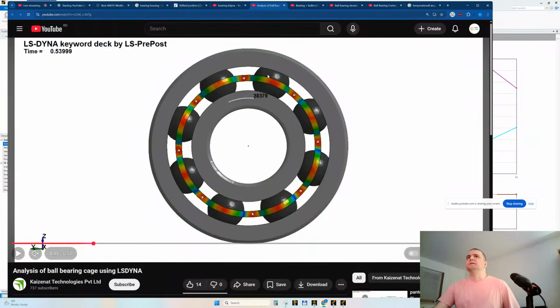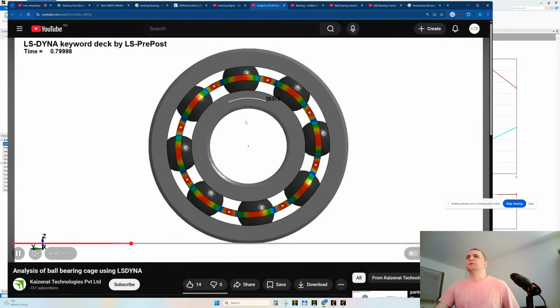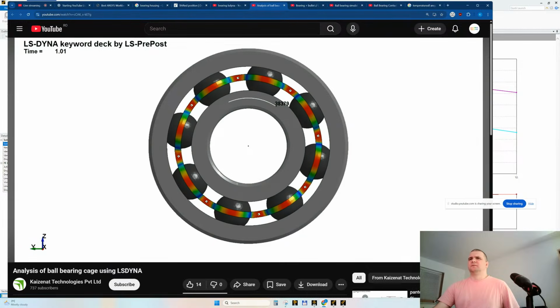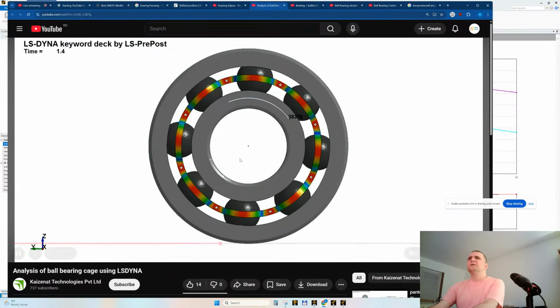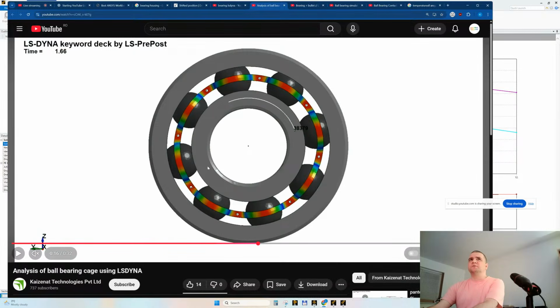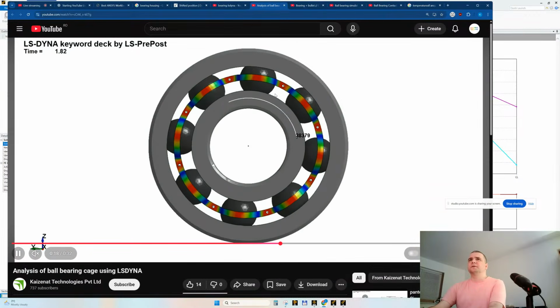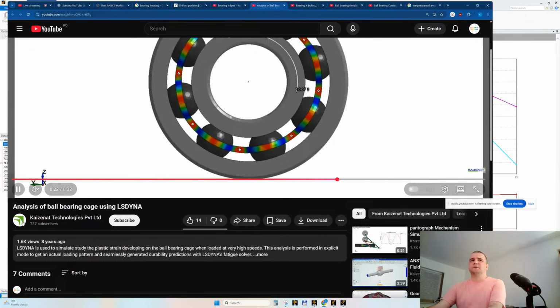I don't see the balls moving. So something is not right here. The balls don't move. The entire assembly seems to rotate, but the balls don't rotate. This is why he's not showing more.